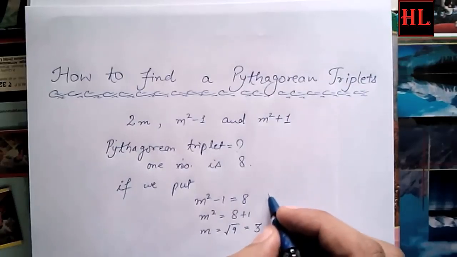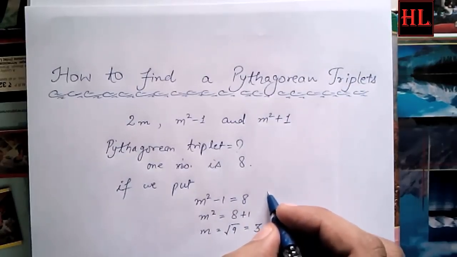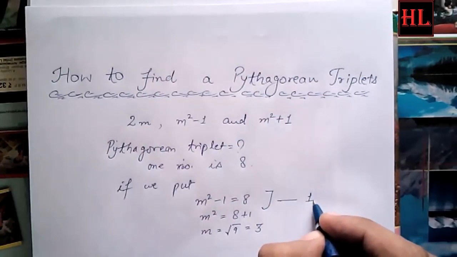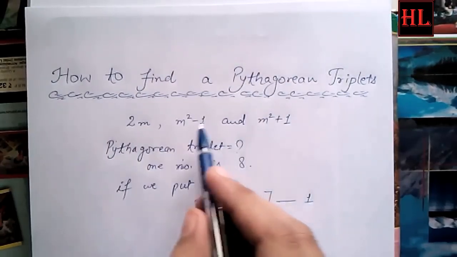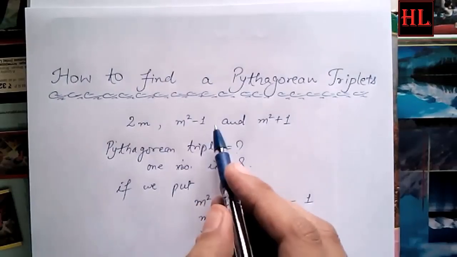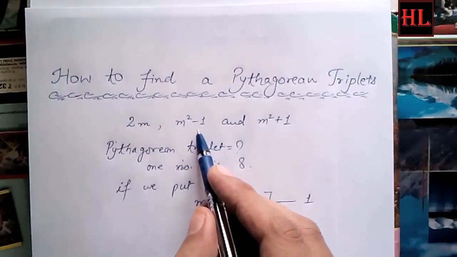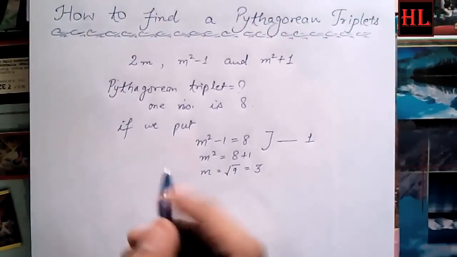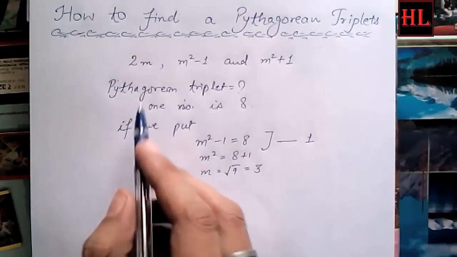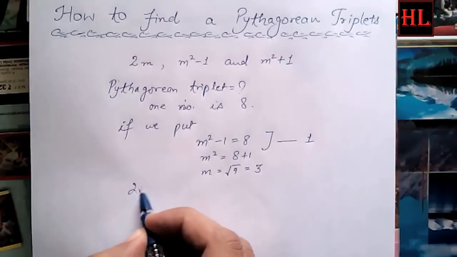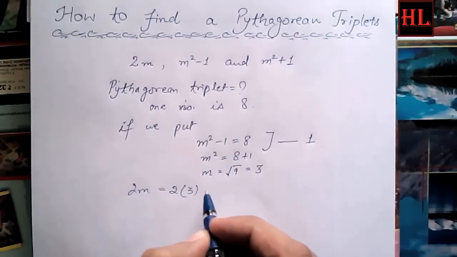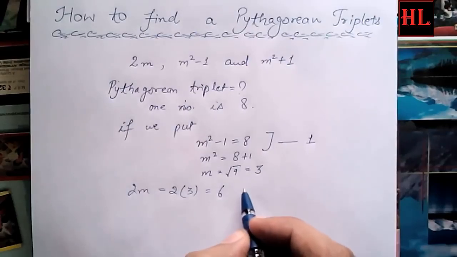So now one number out of 3 in the Pythagorean triplet will be 8, as it is in the form of m square minus 1. Now we need to find the other two numbers of the Pythagorean triplet. The other two numbers are 2m, which will be equal to 2 into 3, and we'll get 6.